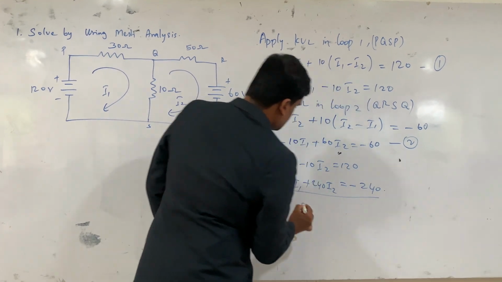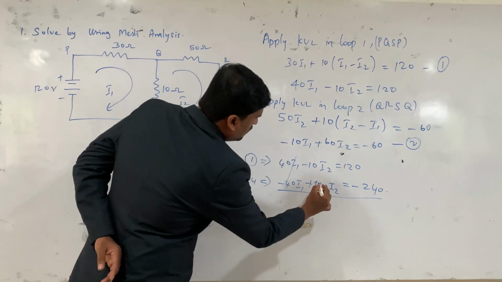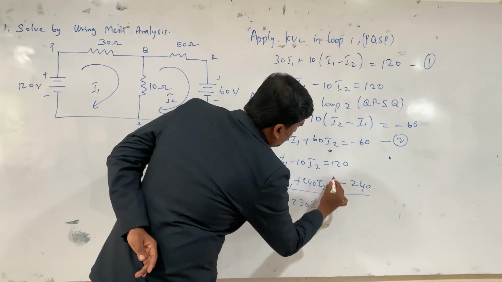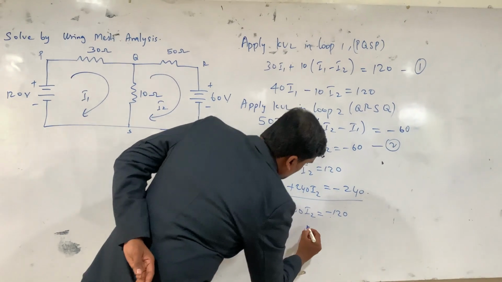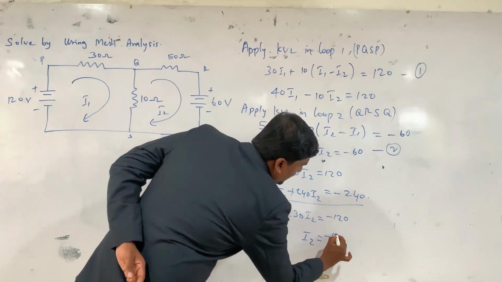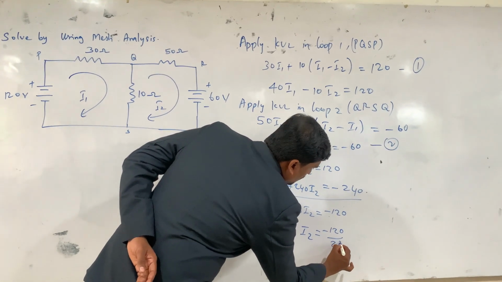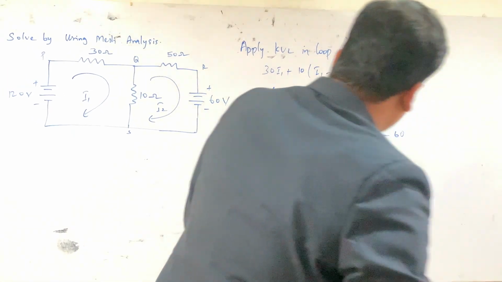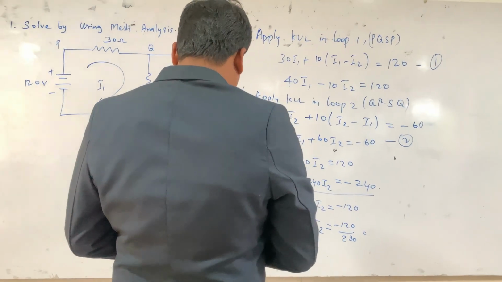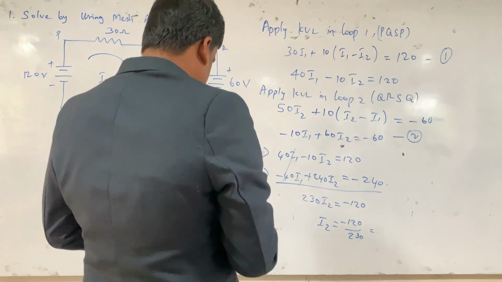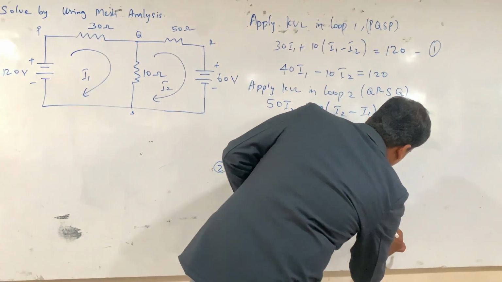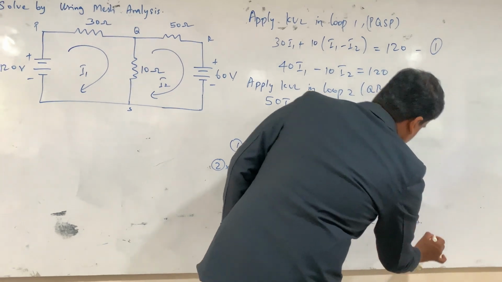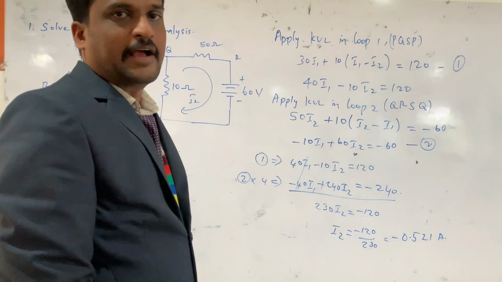We will solve this. So I1 will get cancelled. We will have 230 I2 is equal to minus 120. Therefore I2 is equal to minus 120 divided by 230, so minus 0.521 ampere. This is the value for current I2.